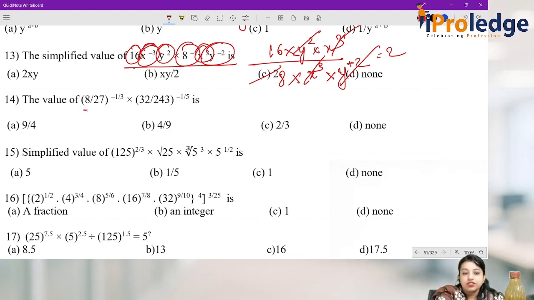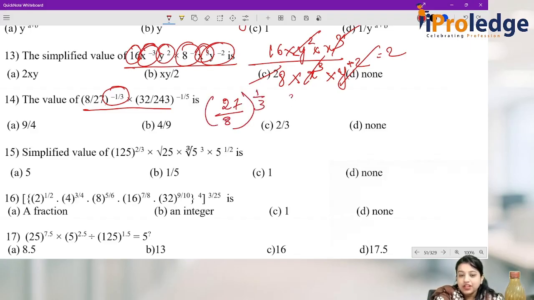Yeah. So we have 8 by 27 to the power minus 1 by 3. To make the power plus 1 by 3, take the reciprocal. Taking the reciprocal, 27 by 8 to the power 1 by 3, 243 by 32 to the power 1 by 5. 1 by 3 means what is the cube root of 27? 3.